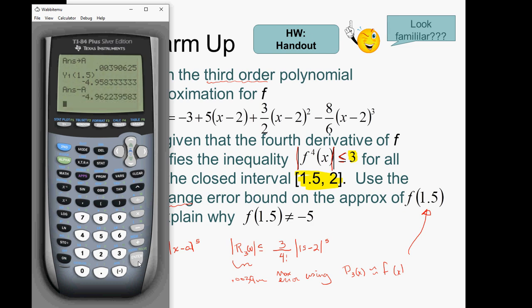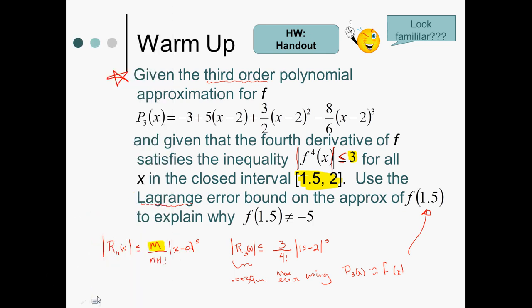So the worst error I could have using that third order polynomial would get me to -4.96-ish, and that's the worst error. So there is no way that the function value at 1.5 could actually be -5, right? Does that make sense? Kind of a cool question.